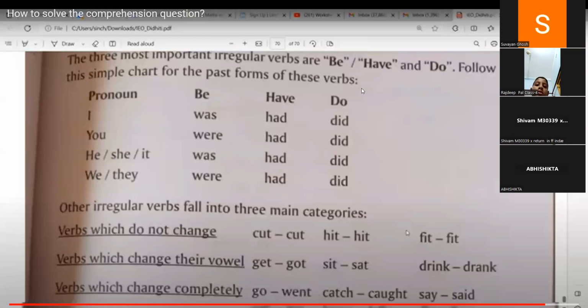Shivam, can you give me an example with they and were? They were busy throughout the day. Okay, great. Yes, Avishikta, do you want to say something? They were working in the fields. Very good.